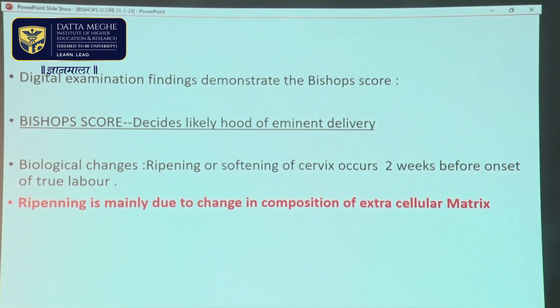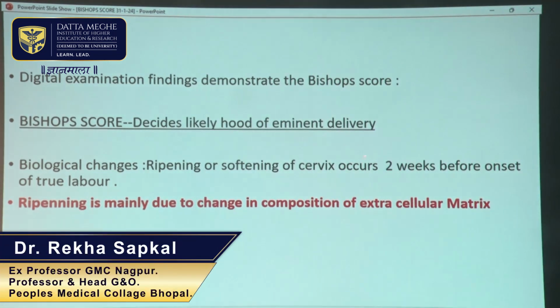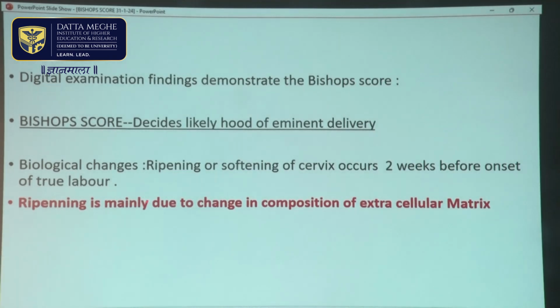In this case, the digital examination findings demonstrate the Bishop score. Bishop score decides the likelihood of imminent delivery, whether vaginal delivery is possible or not. These are the biological changes which occur in the cervix. They are described under the heading of ripening of the cervix.